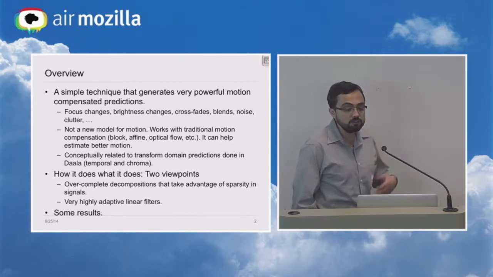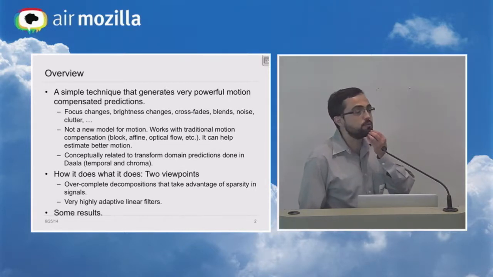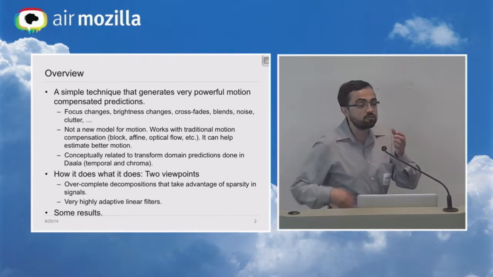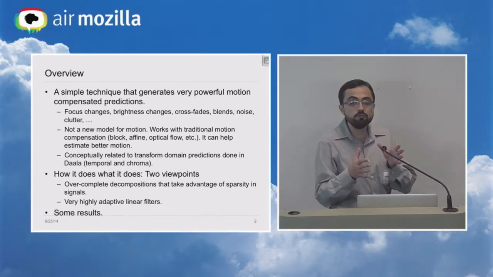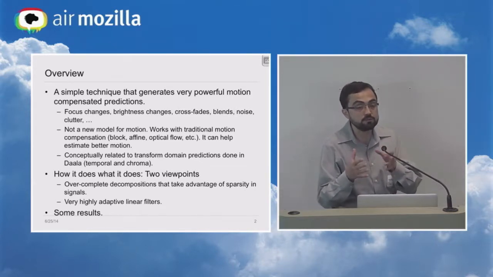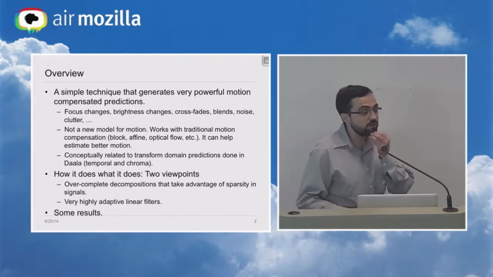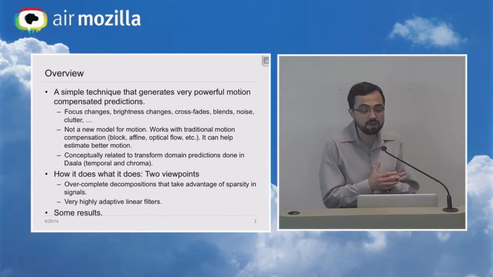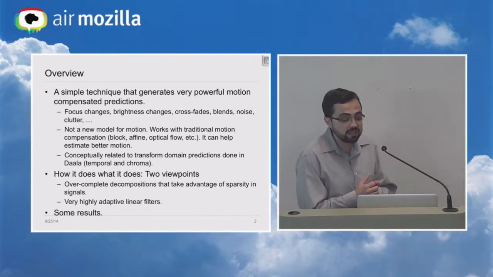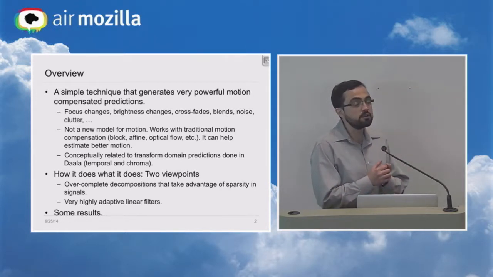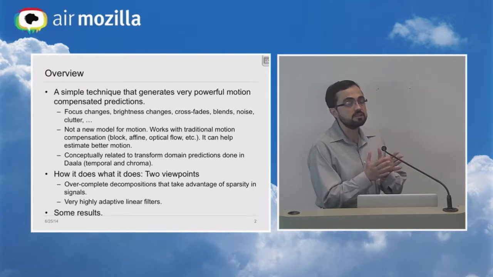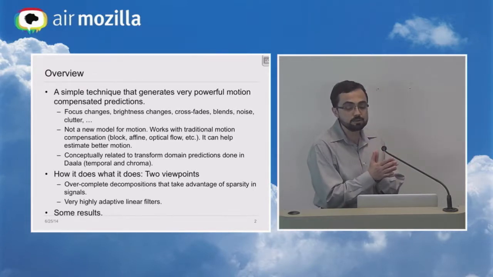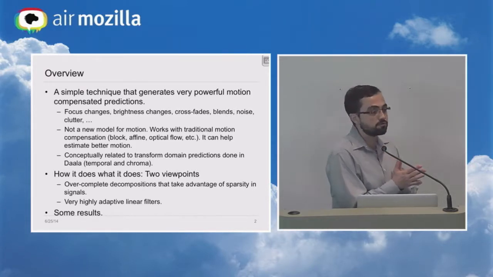In looking at this technique, this is not a new model for motion, so we're not going to be proposing new ways of doing optical flow, etc. The technique works with traditional motion compensation: block motion, affine motion, optical flow. But because it forms better predictors than simple predictors, it can help estimate better motion.